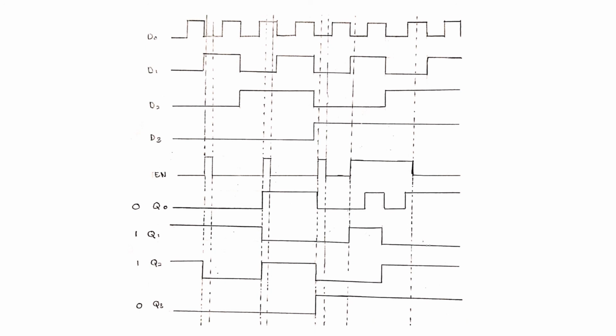Q0 will follow the data input at D0, Q1 will follow the data input at D1, Q2 will follow the data input at D2, and Q3 will follow the data input at D3.